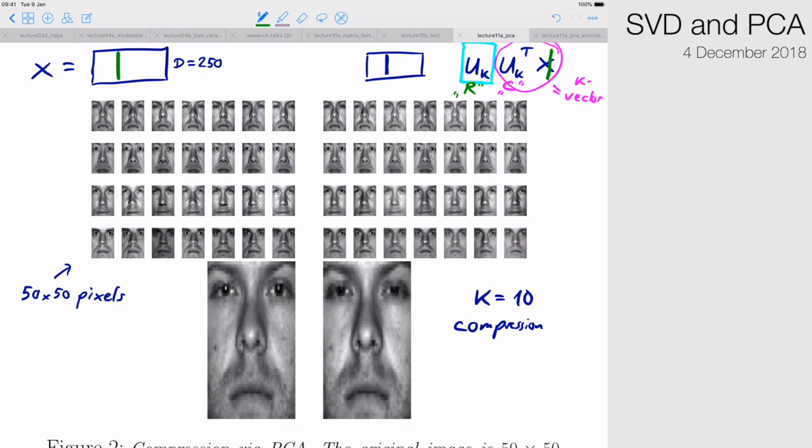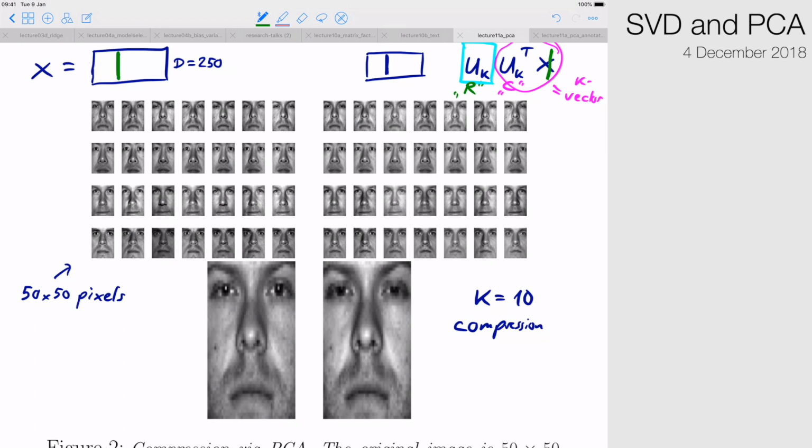You can ask if maybe there's another norm in which I want to measure my reconstruction error, and then it's not so clear anymore, but for the easiest matrix norms, the singular value decomposition gives you the best reconstruction. And it works in practice. The singular vectors here are actually called eigenfaces.